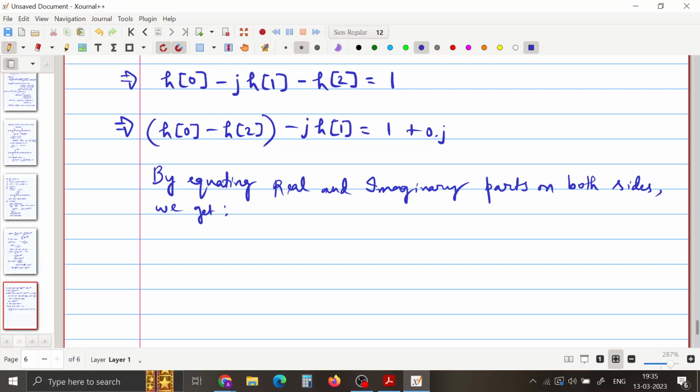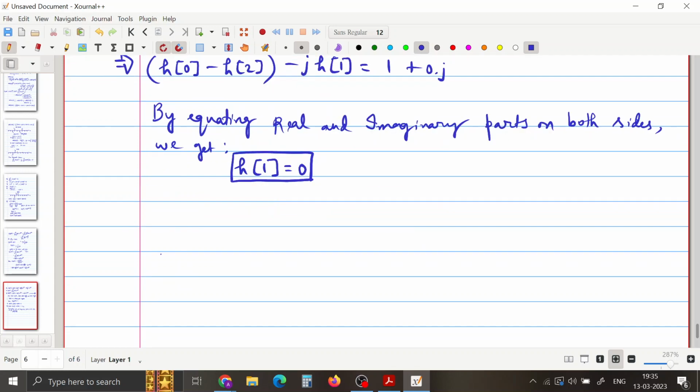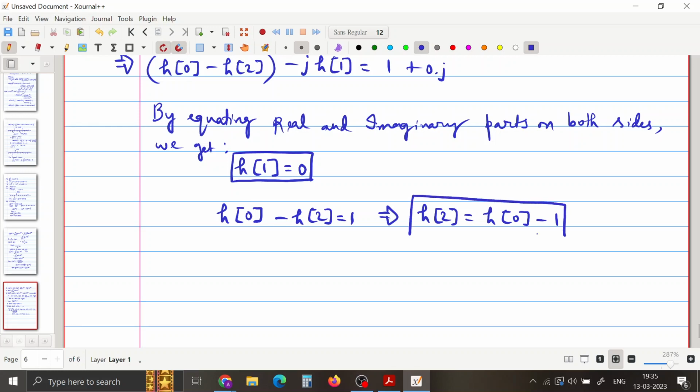Then h of 0 minus h of 2 is equal to 1. So I can write h of 2 in terms of h of 0 as this.